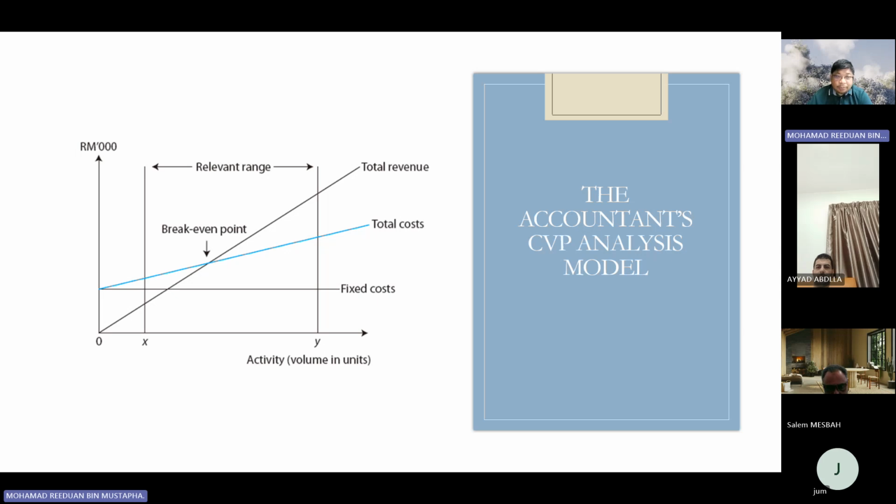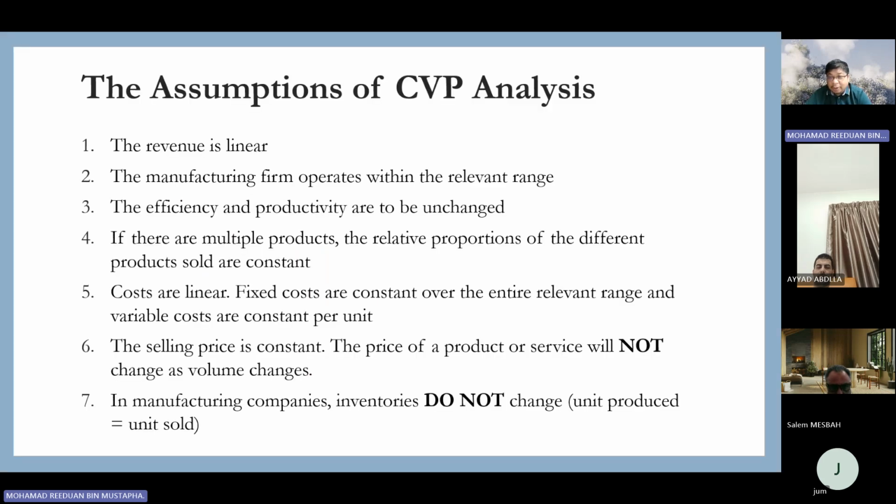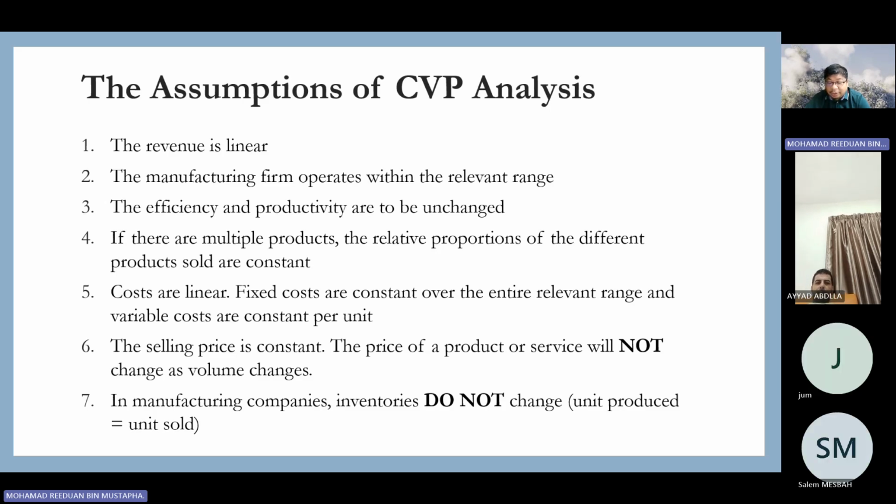Okay, so regarding the assumptions, in order for you to do the break-even point, you need to have assumptions. Because something that has not happened yet, you cannot come up with a simple number. Yes, you can come up with a certain value, then you have to work on that value.